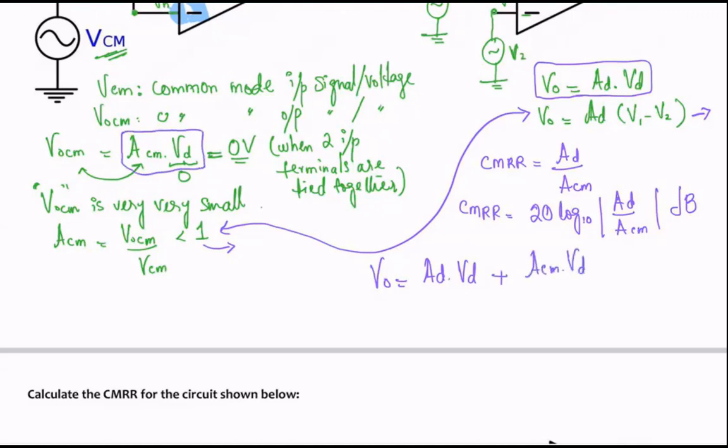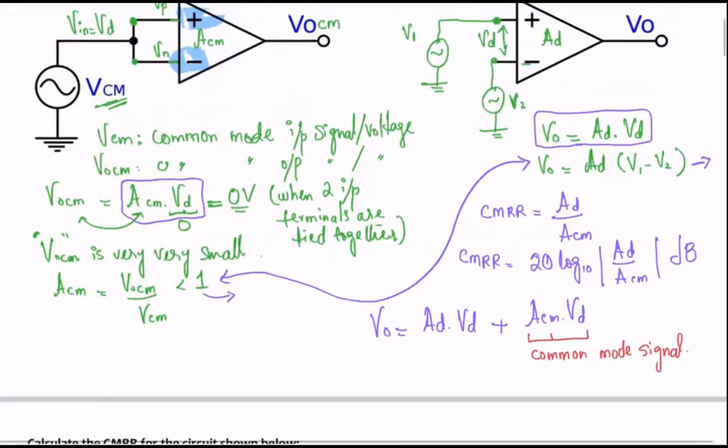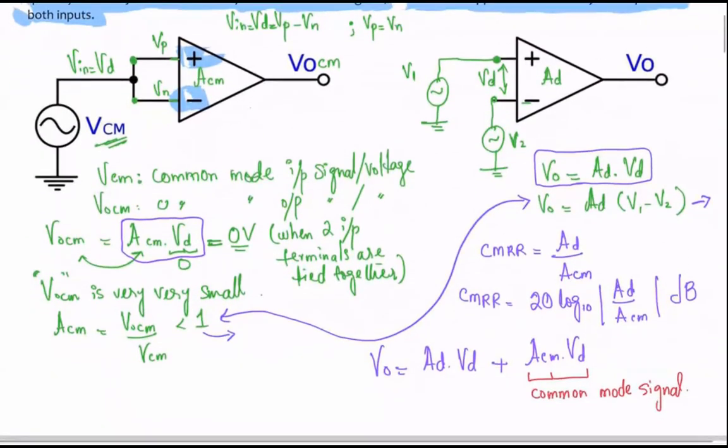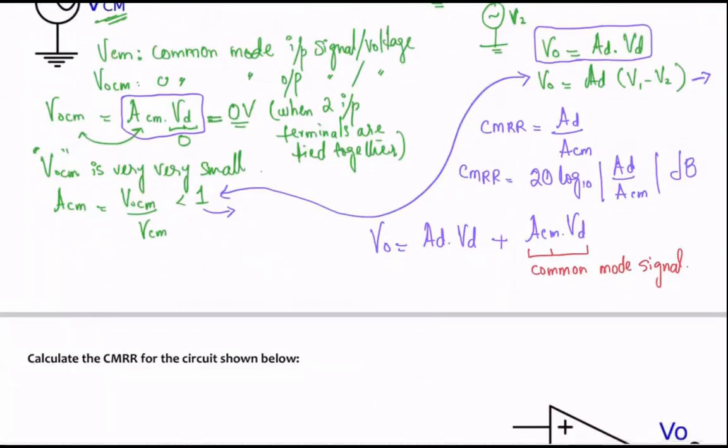Remember this right here is coming from the common mode signal, and the goal of the common mode rejection ratio, ideally you want this number to be as small as possible. And we'll do a couple of examples later on, and you'll get the idea.